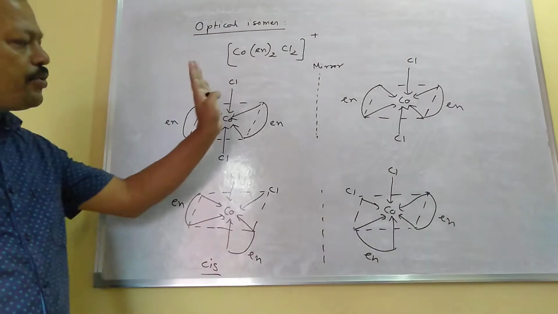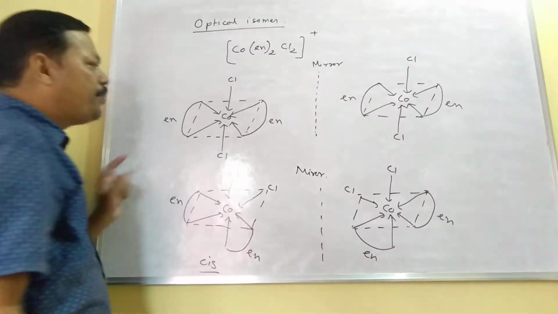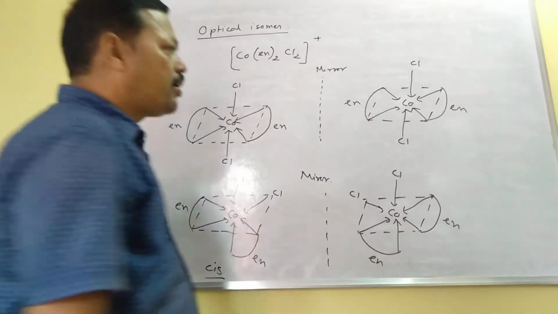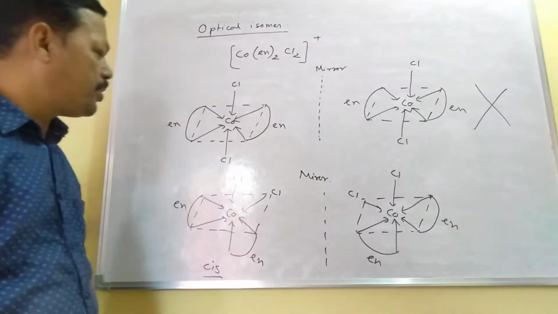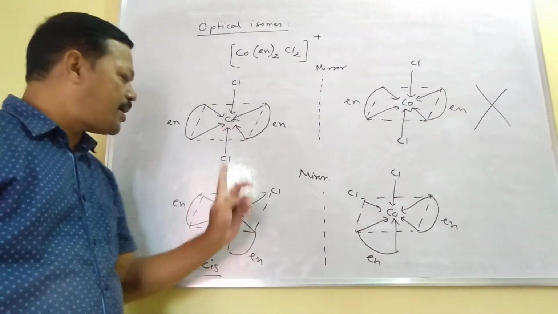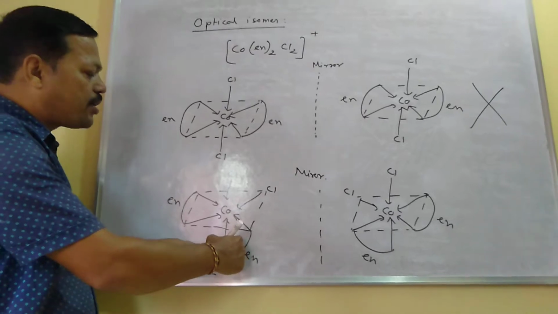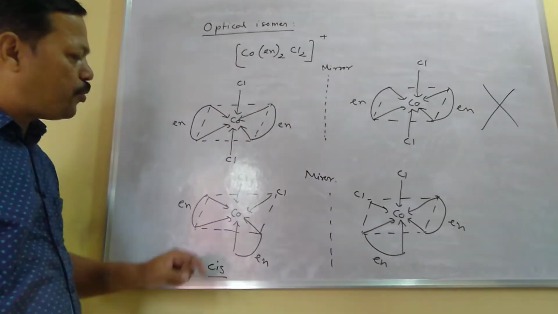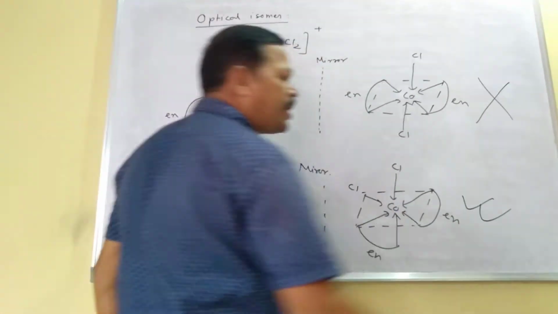When you look at the mirror image, if it is completely similar to the complex, that type of complex cannot show optical isomer. But if the mirror image is different from the original complex, here this en is on the right side, now it goes to the left side, so you have got some difference in their position. That's why this complex can show optical isomer.